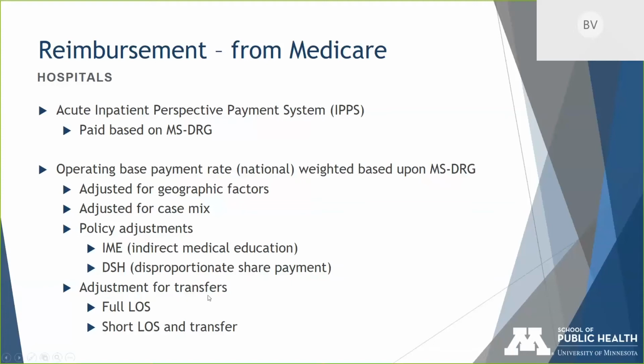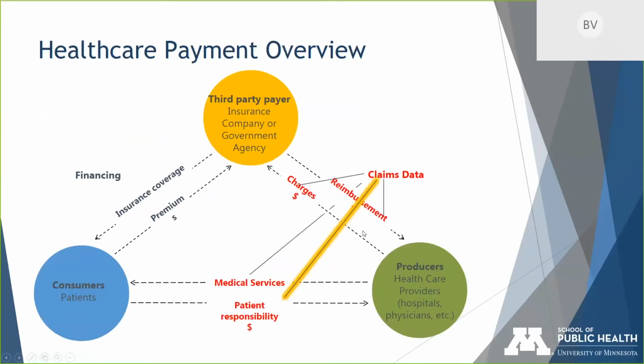There are also adjustments for transfers, whether someone has a full length of stay or a short length of stay. So there's a lot of calculation that goes into the payment, but in general, you can look at a DRG weight and the operating base payment rate and get pretty close. Most of these adjustments don't end up adjusting the payment a whole lot in relation to the total bill.